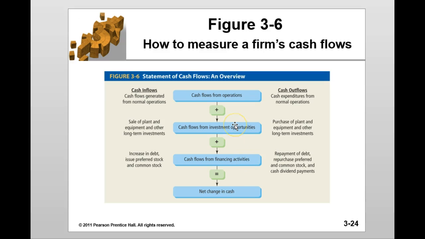The investment opportunities are talking about resources we buy for the firm, such as equipment, investments, long-term investments that we place some of the funds in. Financing looks at bonds or repurchasing our preferred stock or cash dividend payments. Those are financing activities. And then that equals the net change in cash. So that's kind of the flow that we're looking for.